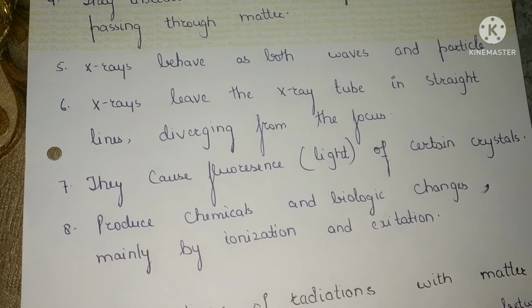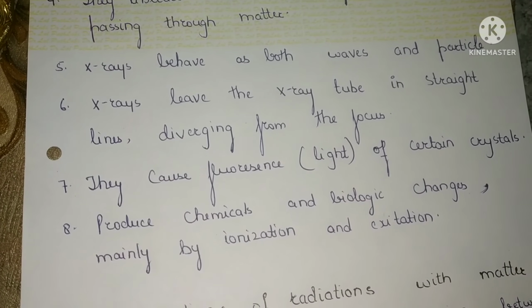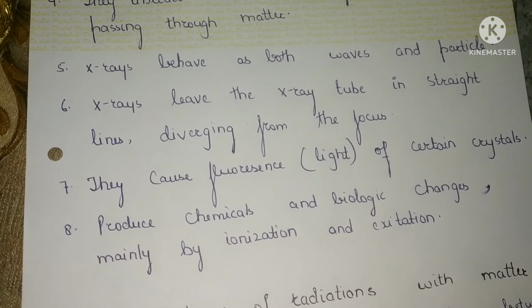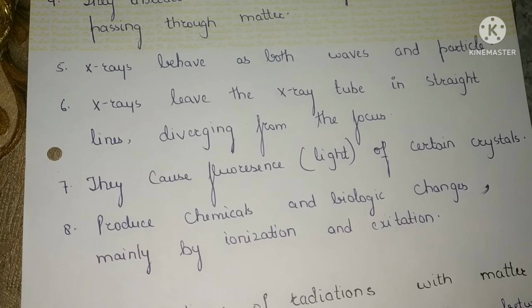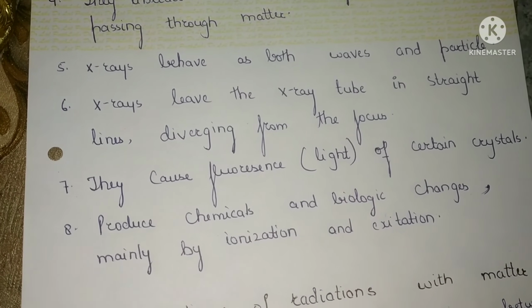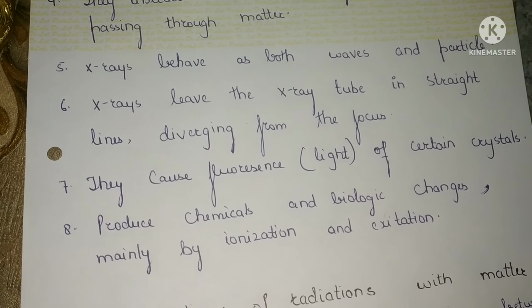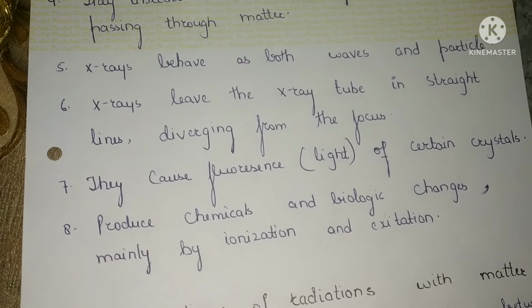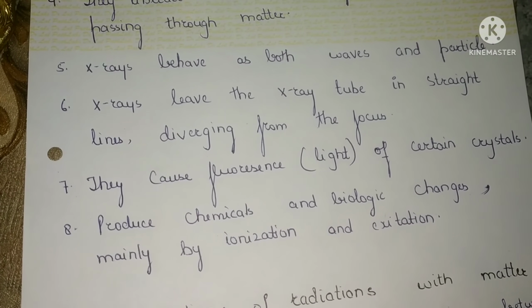So there is a change in the body of the patient, which is called a biological change, and it is due to ionization and excitation. Ionization I have discussed, and excitation is the same as ionization, but the electron is not completely removed from the atom. It is only removed from its orbit and goes to another orbit.